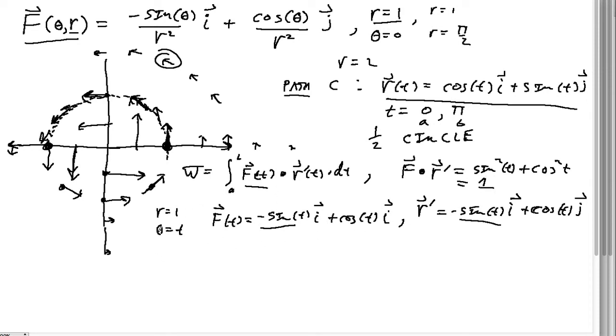So our integral then, the work over the path of f dot t ds, becomes the integral from 0 to pi of 1 dt, and when we compute that, it will just be pi.